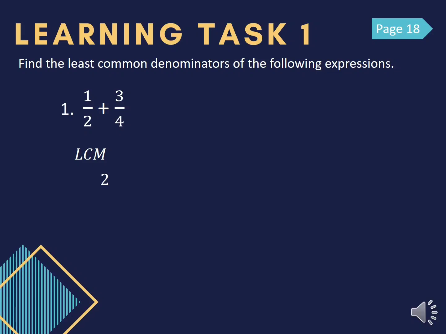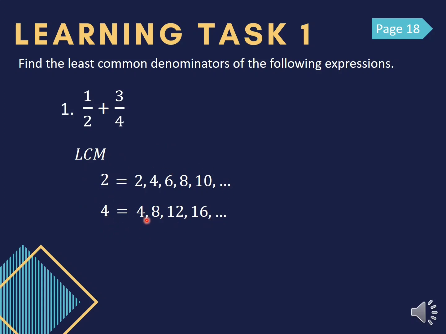So we have 2 and 4. So the multiples of 2 are 2, 4, 6, 8, 10, 12, 14, and so on and so forth. While 4, we have 4, 8, 12, 16, 20, 24, 28, and so on and so forth.